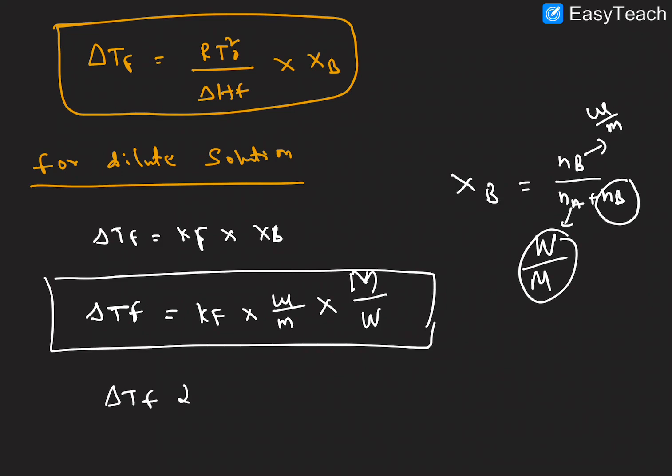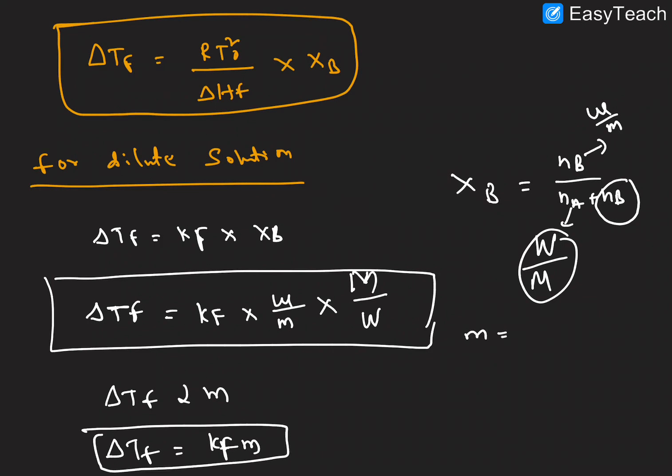Here one relation is there, molality and freezing point. The freezing point depression delta TF is directly proportional to molality. Taking the constant, delta TF is equal to Kf into molality. I hope it is clear. What is the formula of molality? Molality is equal to weight by gram molecular weight into 1000 by the solvent weight in grams.